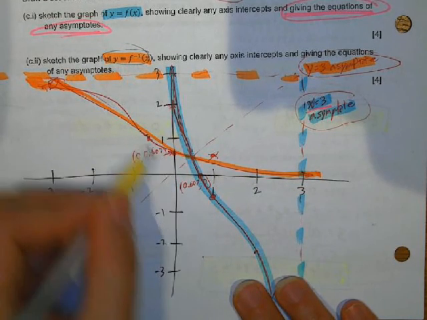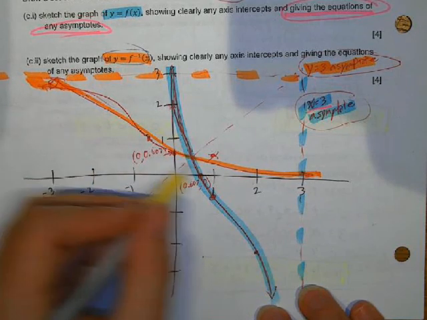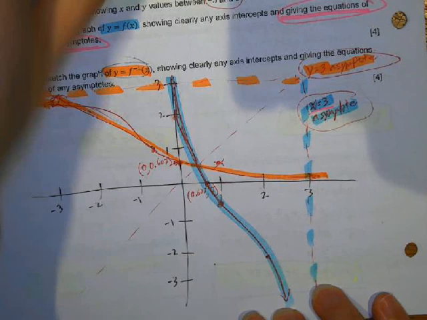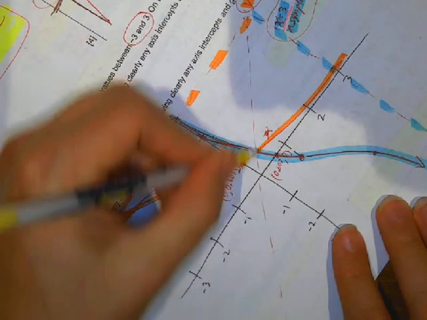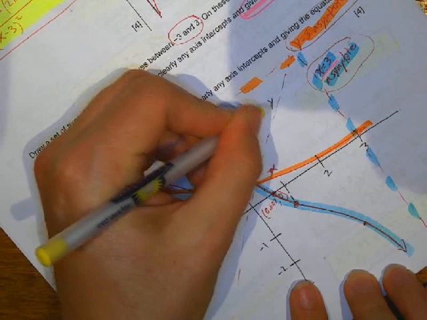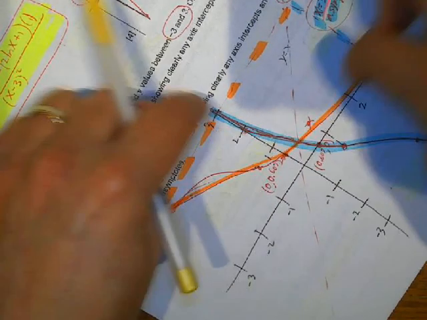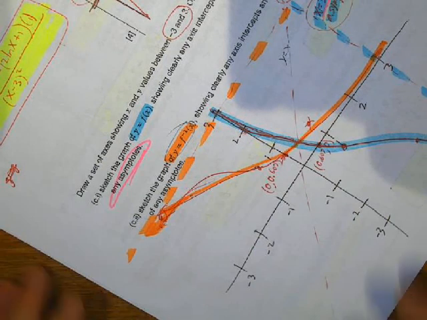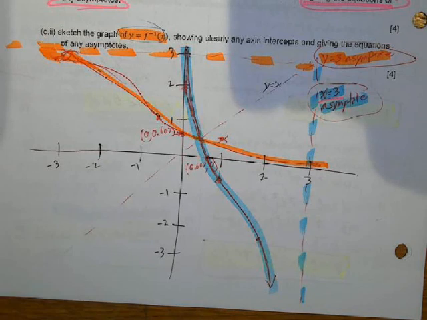I took this point here and I put it over here. And then you can get your inverse function. You know you've done it right if you draw the line y equals x and it looks like a reflection. I hope that helps, and there we go.